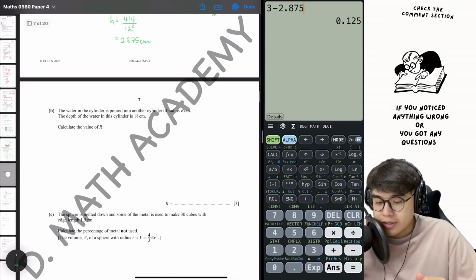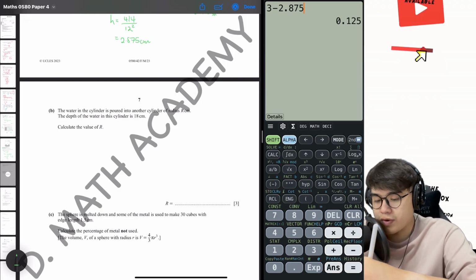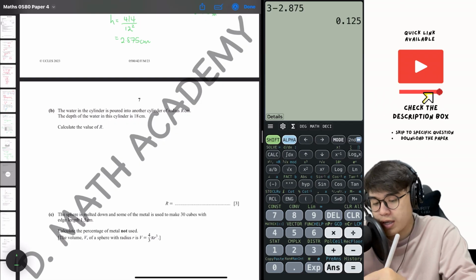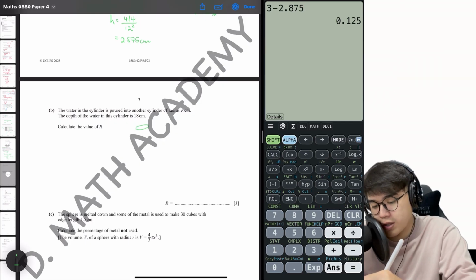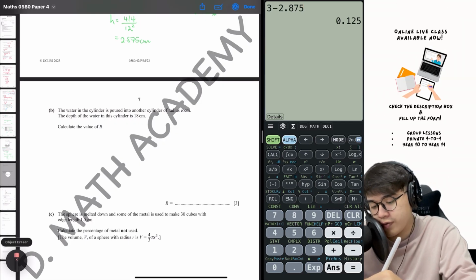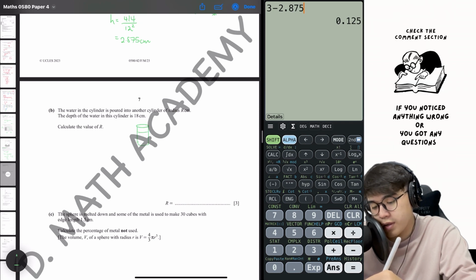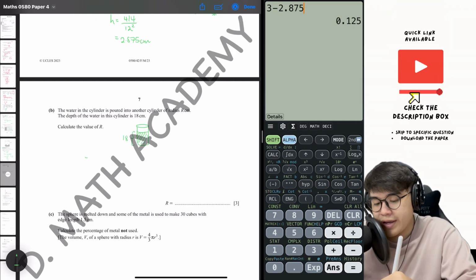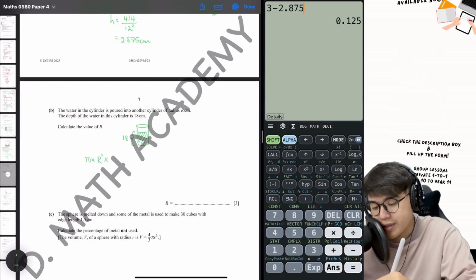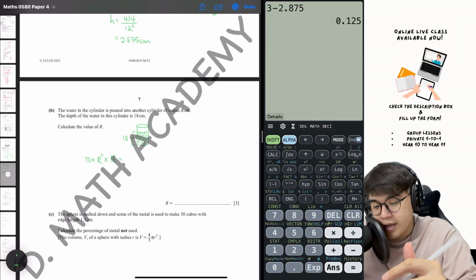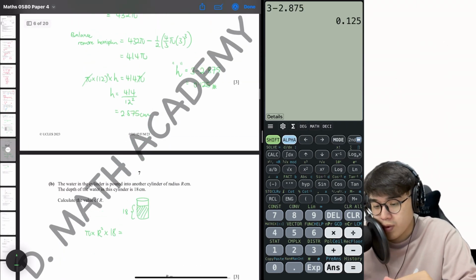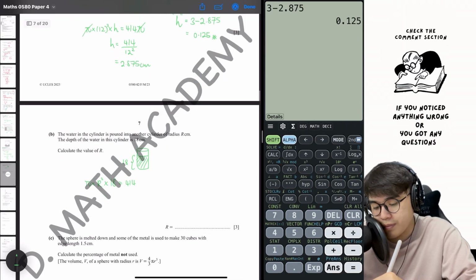Moving on to the next part, the water in the cylinder is now poured into a different cylinder with radius of r, and now has a depth of 18. So this is the new cylinder that we are dealing with. It has a height of 18. So pi times r square times the h of 18, and we have the volume of the water as 414 pi.